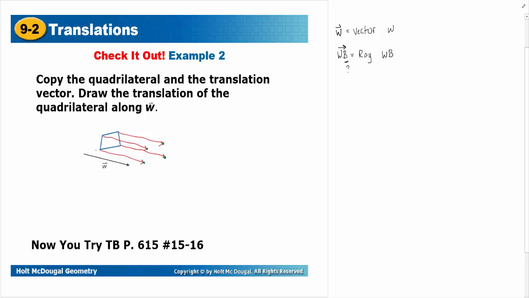So if I call the figure A, B, C, D, when I draw my image, this would be A prime. Here I'd have B prime. Here I would have C prime and D prime. Again, you just got to connect it.